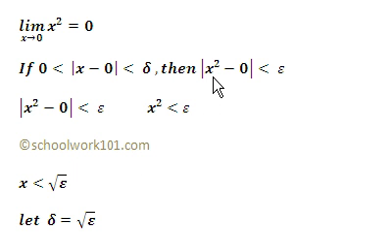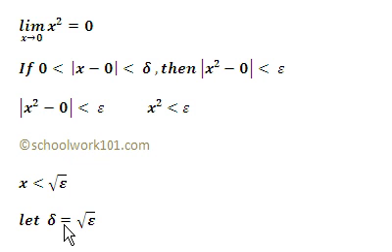So once again, we're working backwards here. So we're given this, drop the absolute value signs. You'd be bringing the 0 over, but epsilon plus 0 is just epsilon, and then square root both sides. So we end up with x is less than the square root of epsilon.